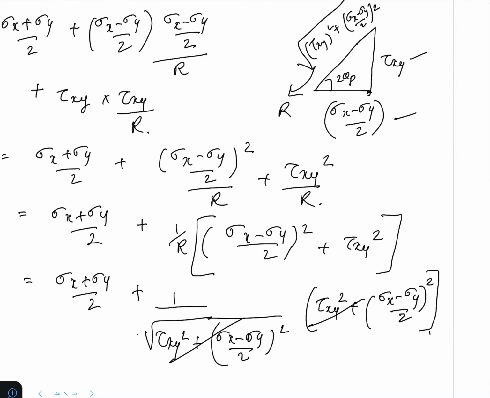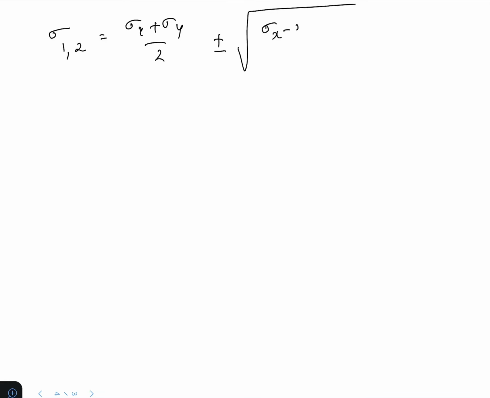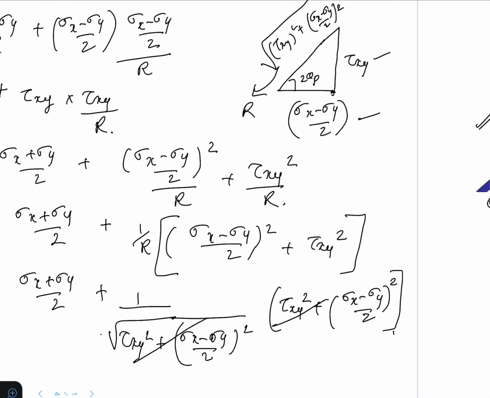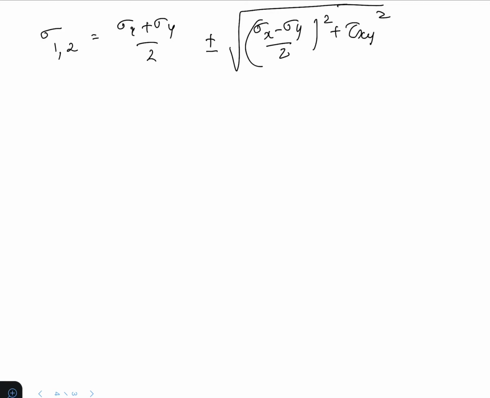So we will have sigma 1,2 is equal to, see, this one under root we are cancelling, so that will become sigma x plus sigma y by 2 plus or minus root of sigma x minus sigma y by 2 whole square plus tau xy square. Cancelling this out and putting it under root, we will have this value. Because we are putting under root, we are taking plus or minus sign.